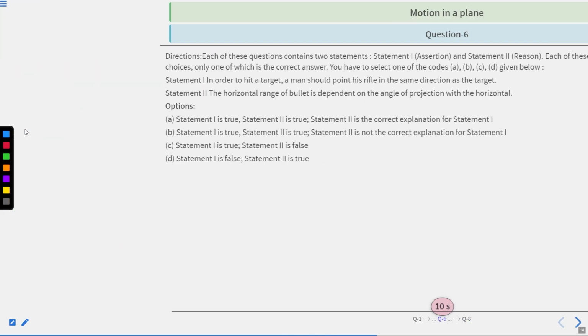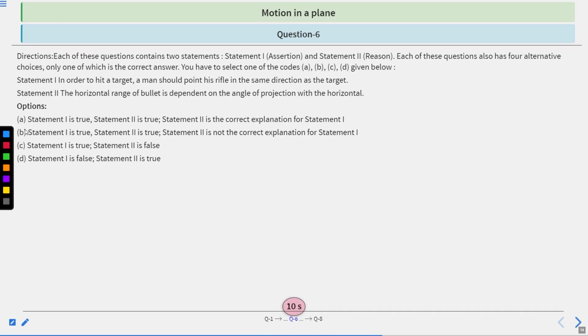Next question, sixth question, same pattern. Statement first: in order to hit a target, a man should point his rifle in the same direction as the target. Statement 2: the horizontal range of a bullet is dependent on the angle of projection with the horizontal.